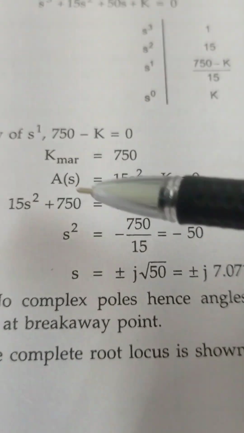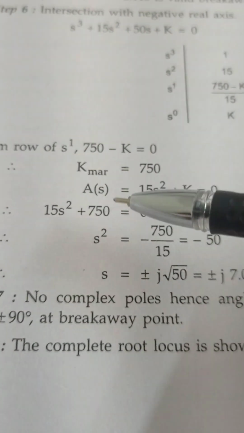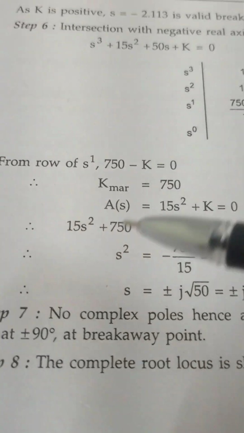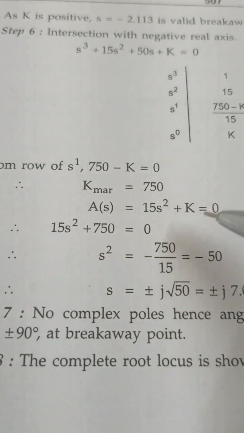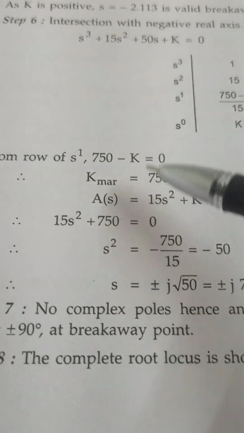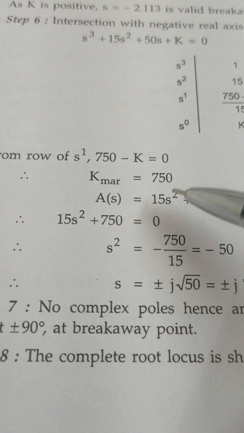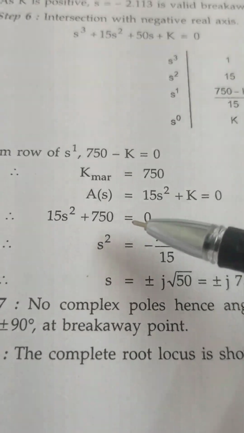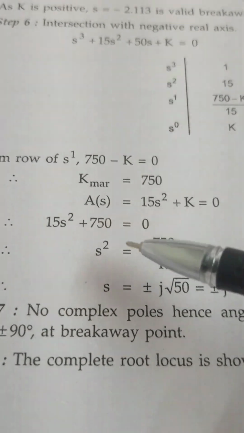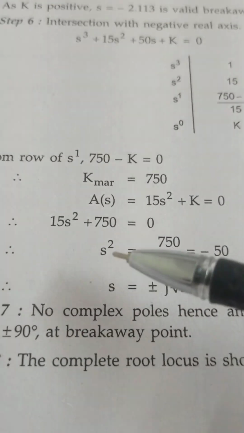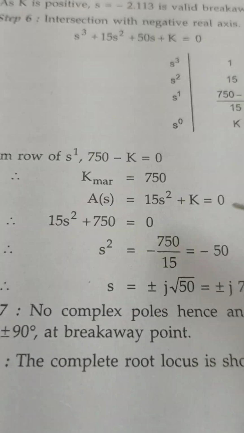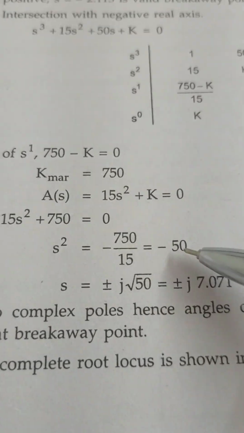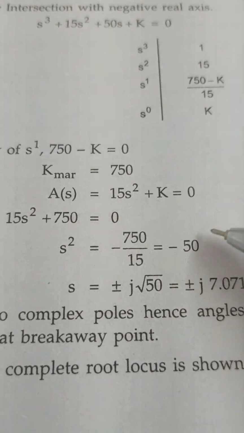We discussed these concepts in the Routh-Hurwitz criteria. In 15 s squared plus k equal to 0, substitute k as 750. Therefore 15 s squared plus 750 equal to 0, so s squared equals minus 750 divided by 15, which is minus 50.